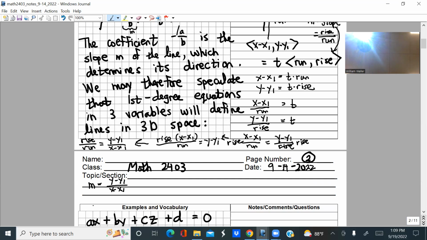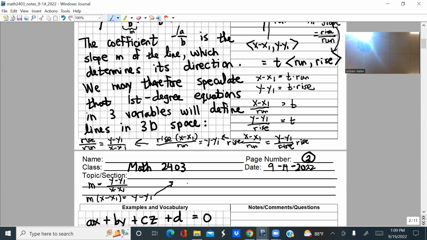Oh, that's starting to look familiar, right? Isn't that the slope times x minus x1 is equal to y minus y1? That's point slope form. And if you solve that for y, you get slope-intercept form. What would that look like?